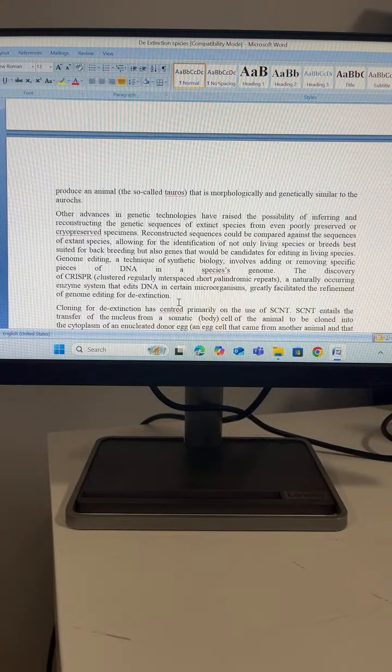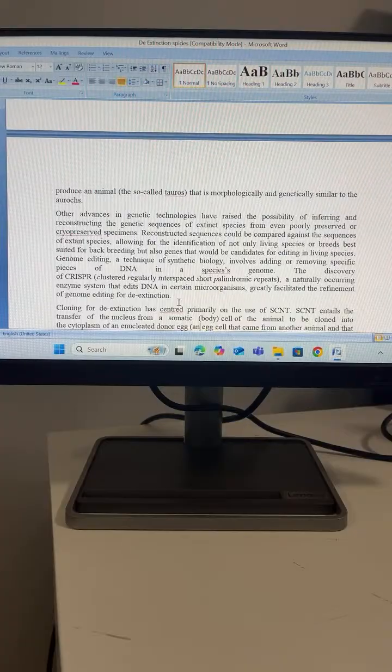Genome editing, a technique of synthetic biology, involves adding or removing specific pieces of DNA in a species' genome. The discovery of CRISPR, a naturally occurring enzyme system that edits DNA in certain microorganisms, greatly facilitated the refinement of genome editing for de-extinction.